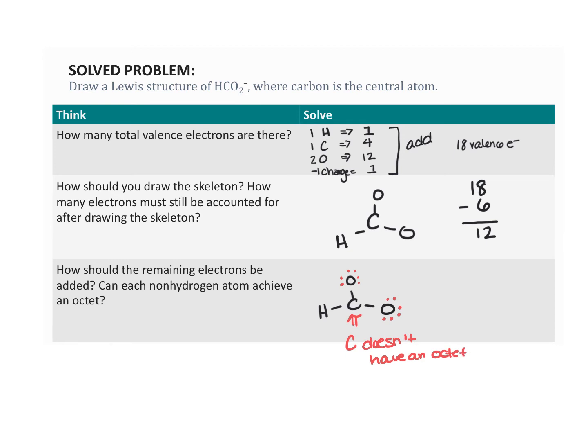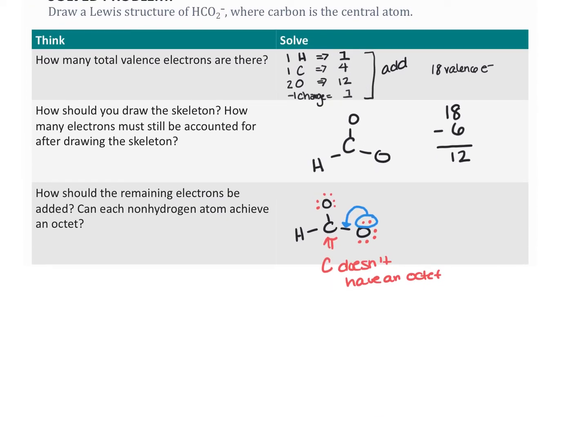So what this means is I need to take 2 electrons from one oxygen and make a double bond. And so that Lewis structure then becomes this.